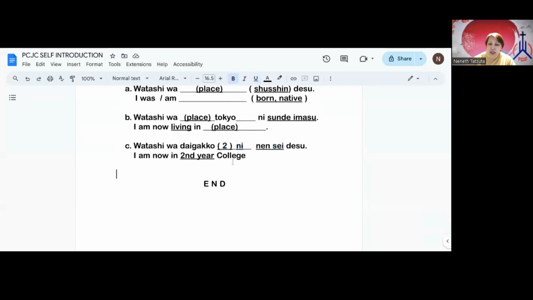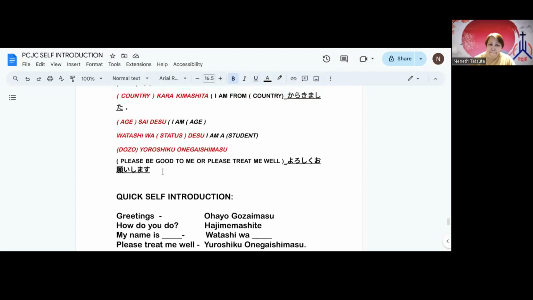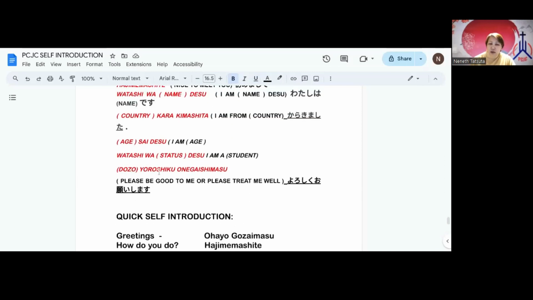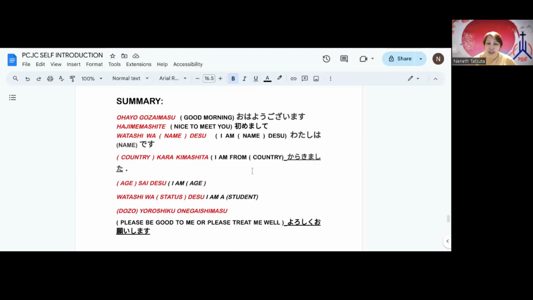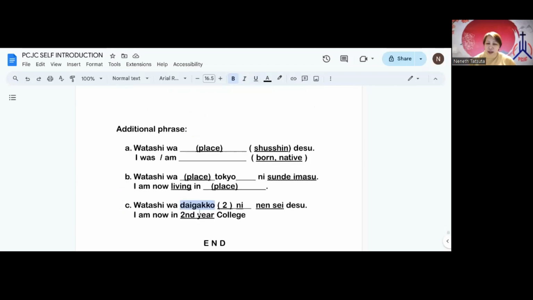So ninensei, and daigaku means college. So watashi wa daigaku ninensei desu. I am now in second year college. And then dozo yoroshiku onegaishimasu. That is the complete one. This you can add if you want. At least your self-introduction will be more specific if you put this in.